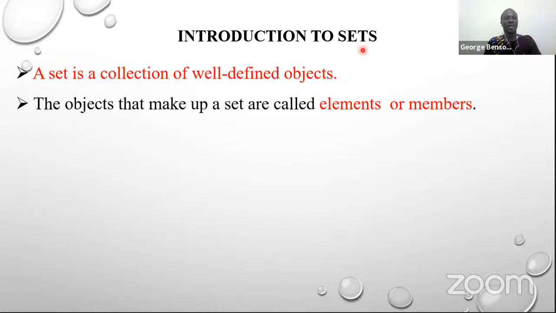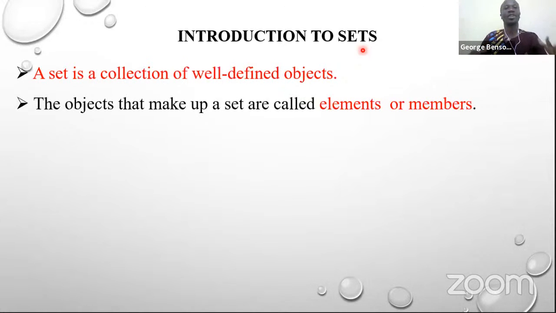And the objects that make up a set are called the elements or members. So for example, if I'm talking about the set of objects in a class, so long as I've defined, let's say, a class in a Presbyterian school, then I know specifically that when I enter the class, the members I expect to see will be tables, chairs, and what have you.